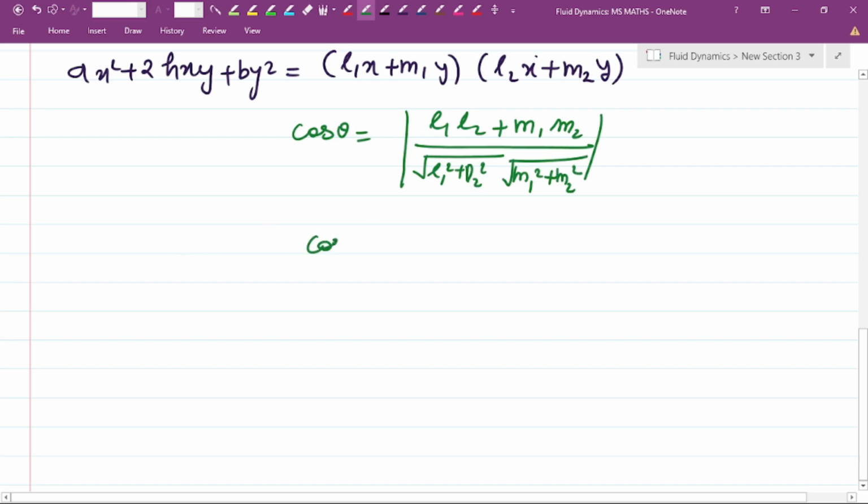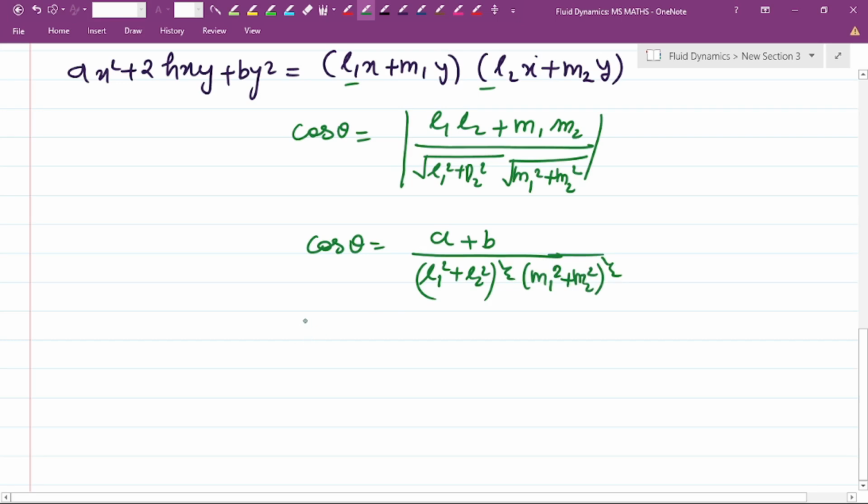Now if I compare, the coefficient of x square is L1 L2 and the coefficient of y square is m1 m2, so on comparing it can be written as a plus b upon (L1 square plus L2 square) power 1 by 2 into (m1 square plus m2 square) power 1 by 2.